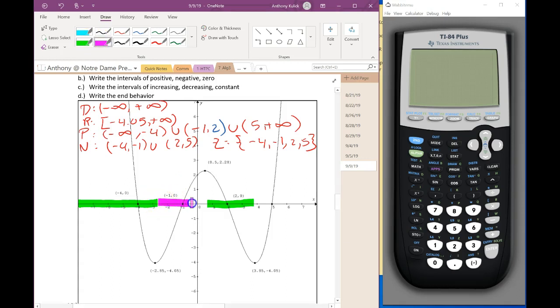And then we're increasing on those sections.